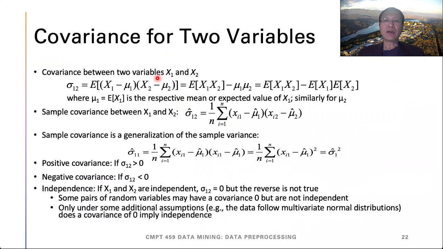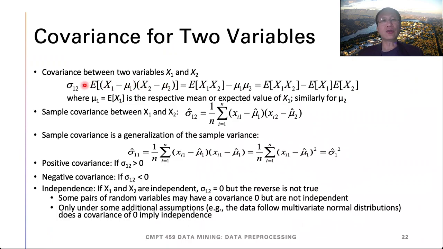Then, if we have two numerical variables, indeed we can calculate the covariance. The covariance between two variables x1 and x2 is the expectation of (x1 minus mu1) times (x2 minus mu2). The central idea here is indeed very simple.